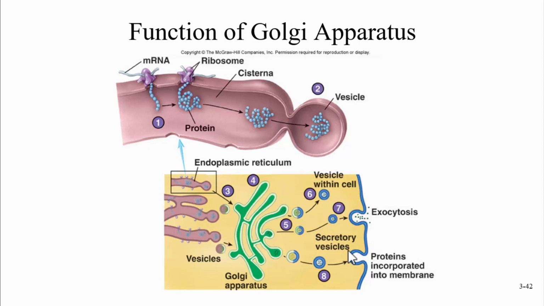Or maybe we can have a protein that's incorporated into the membrane here. Remember some of those cell markers? Well, it can make a vesicle to actually incorporate into the membrane to either repair the membrane or add one of those cell markers. All right, so that's Golgi.